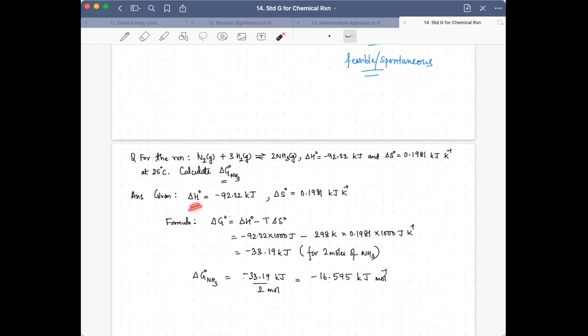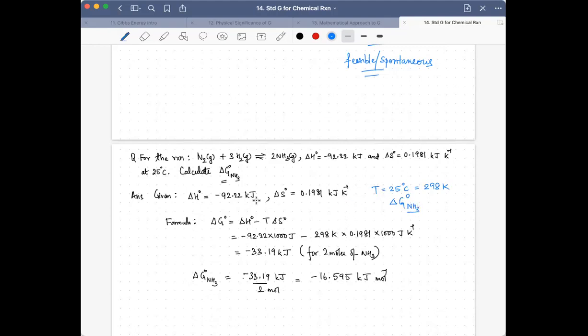The temperature is 25 degree centigrade, which equals 298 Kelvin; we simply have to add 273. So we are asked to calculate delta G naught NH3.